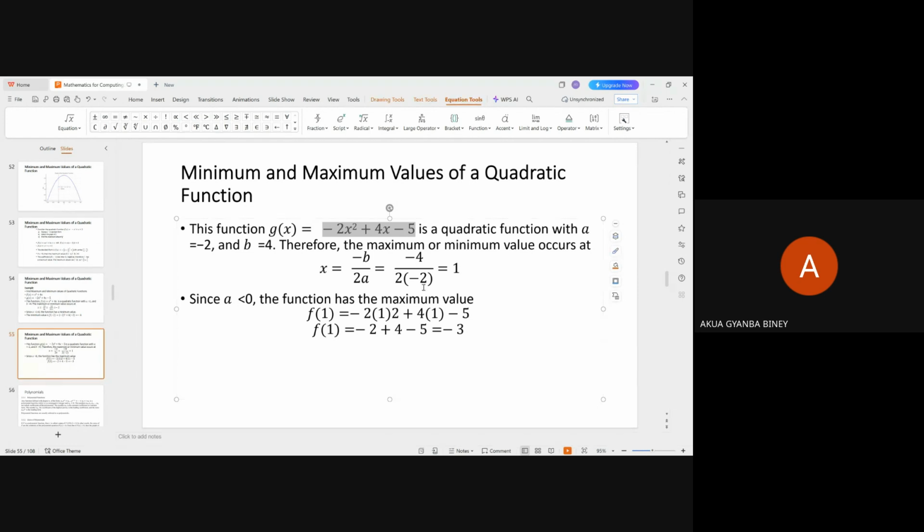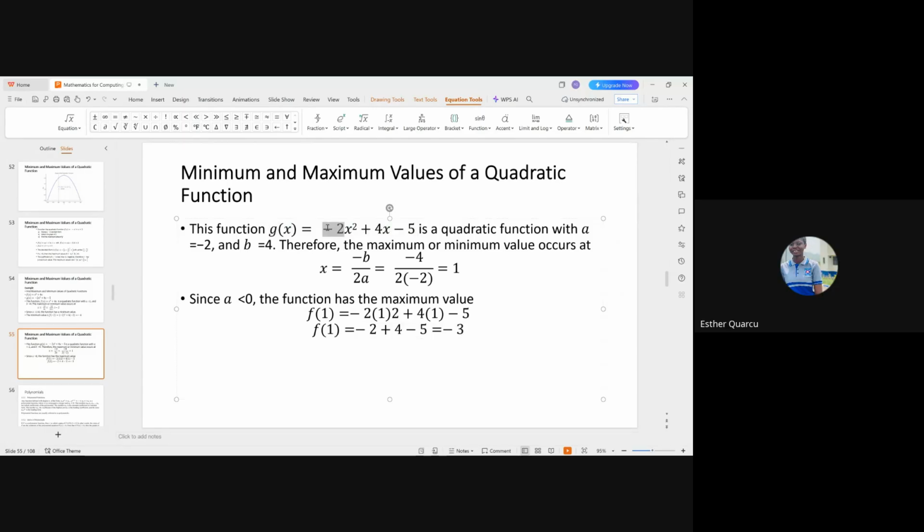A is minus 2. So we get minus 4 over minus 4, which is 1. And we put 1 back in the equation, and then we end up getting minus 3. I didn't solve it earlier. I thought my network was misbehaved. When I came back, I thought we were just taking the coefficient of the x, like the a.